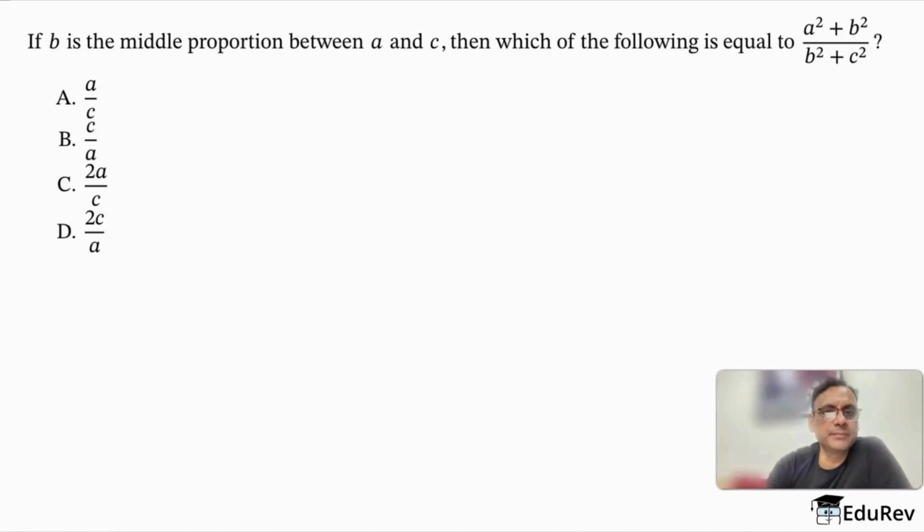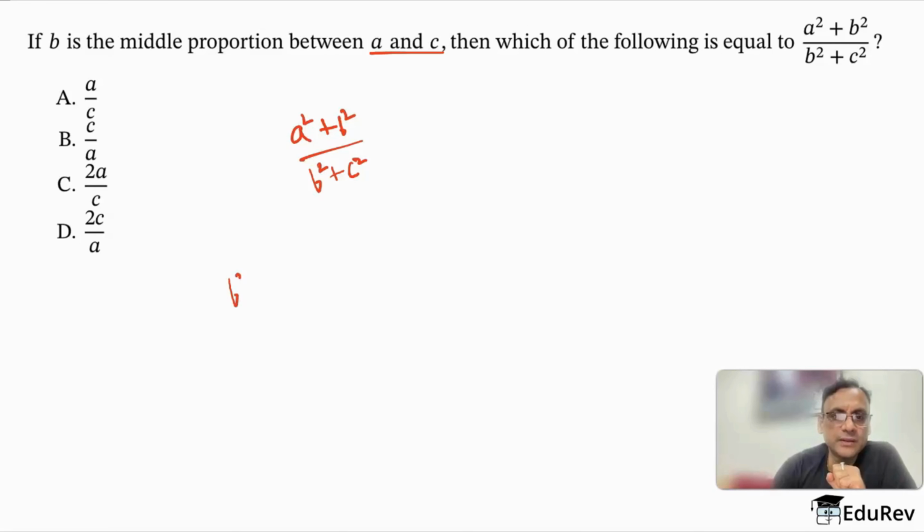If b is the middle proportion between a and c, then which of the following is equal to a square plus b square upon b square plus c square? Okay, so again, if b is the middle proportion between a and c, then b square is equal to ac. Let's just substitute that here.